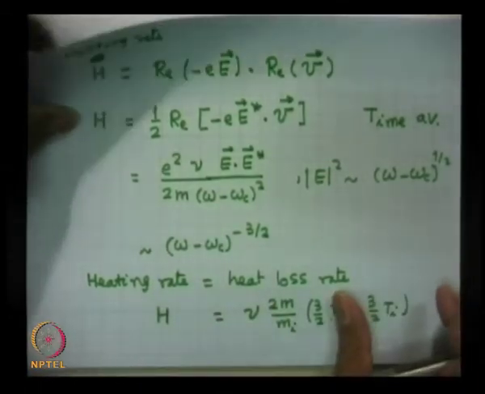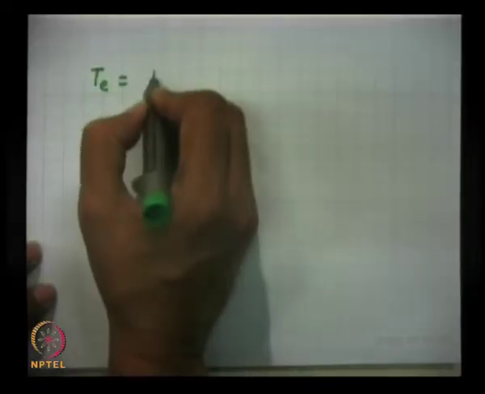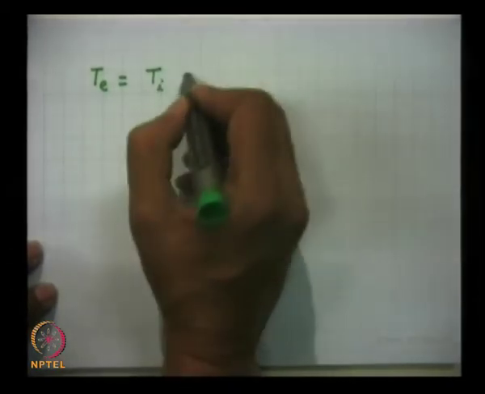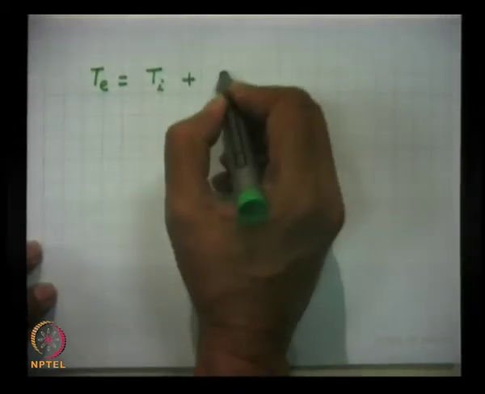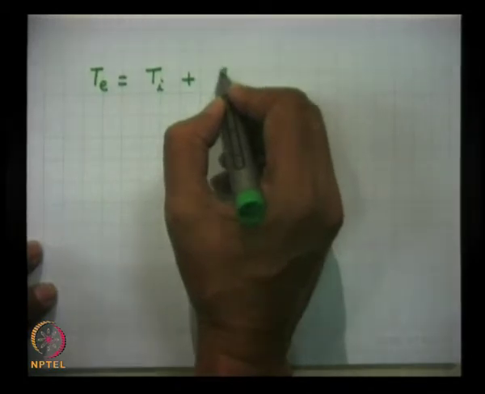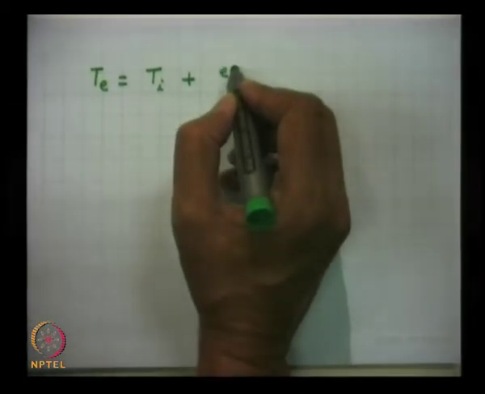So, for the heating rate, the electron temperature rise is equal to the initial (ion) temperature plus a quantity proportional to E square.